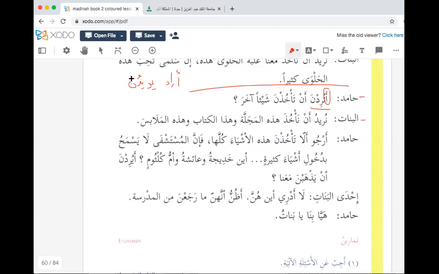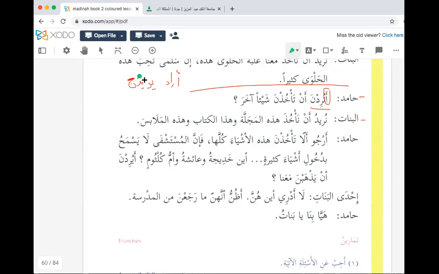When you add noon and niswa, what will happen? This noon is fatha, it's not sakun. So yuriduna. In order to make that easier to read, this dal becomes sakin. It has a sukoon on it.